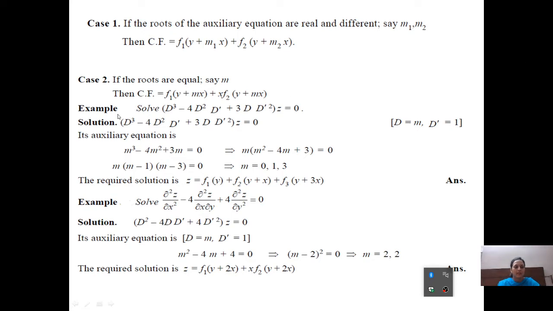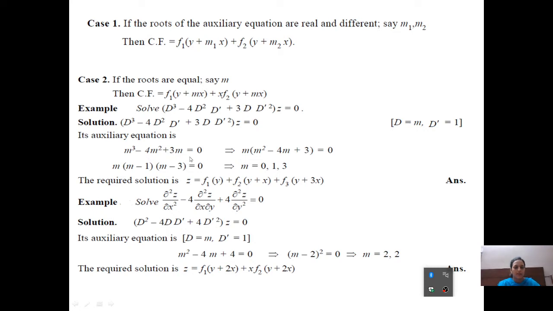For example, this equation has been taken to solve the complementary function part. Right hand side is placed 0 because PI is not being discussed here. So firstly, as the rule has been discussed, we will place D as m and D dash as 1.